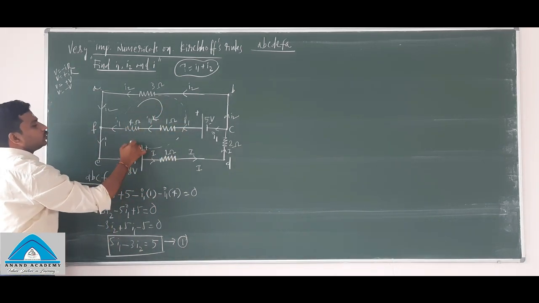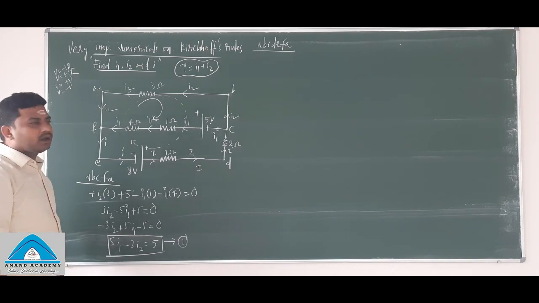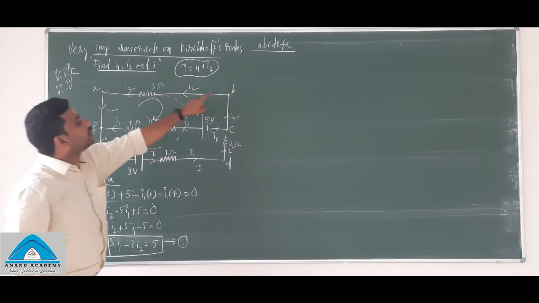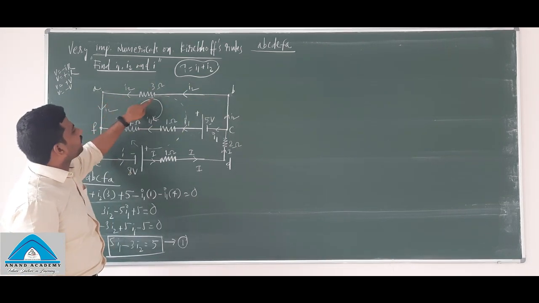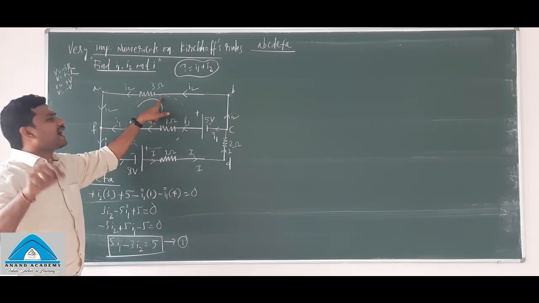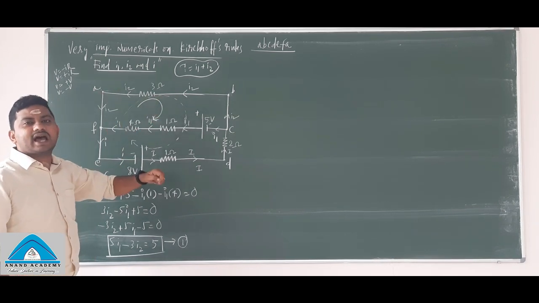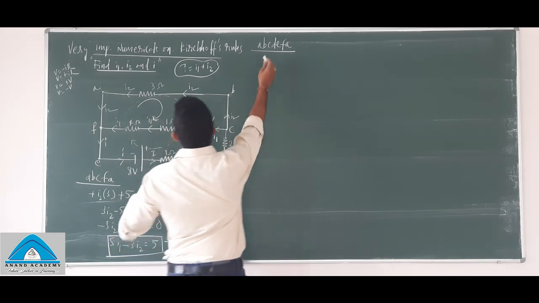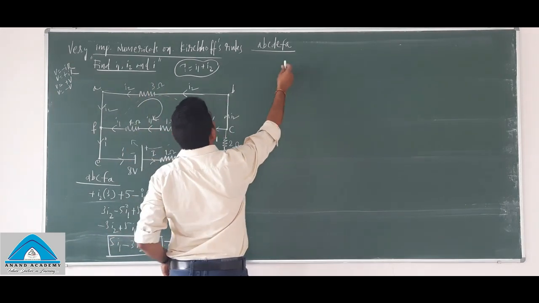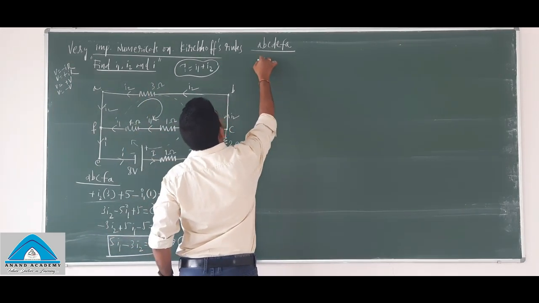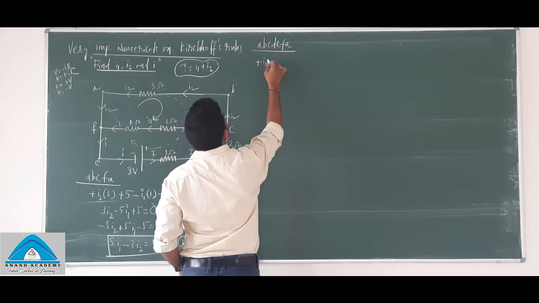This is my loop of consideration. A to B, right? So what is the potential difference across this? Is it minus IR or plus IR? It is plus IR, because the current direction and loop direction are opposite. So plus I2 into R.